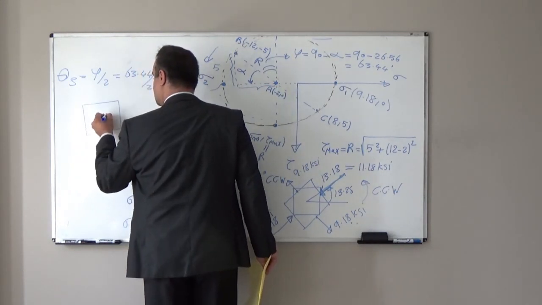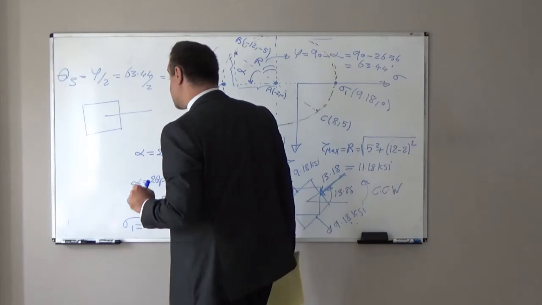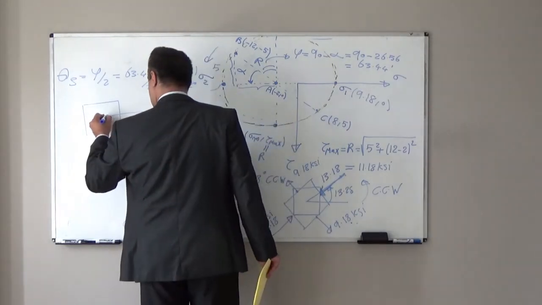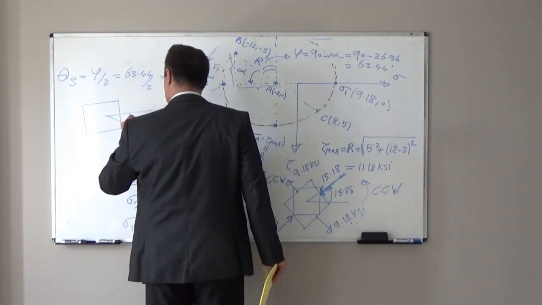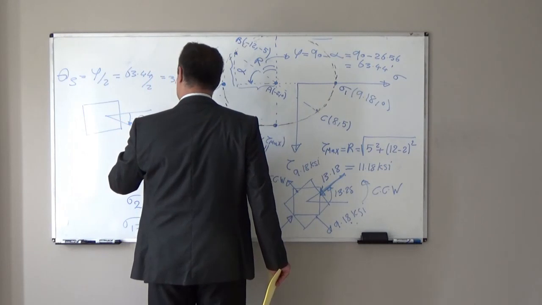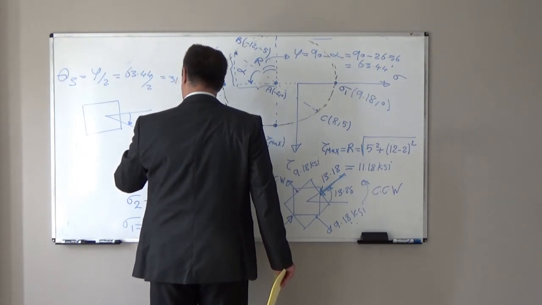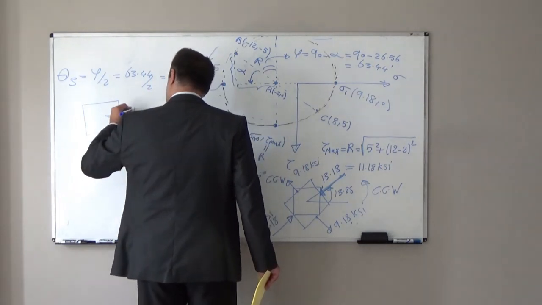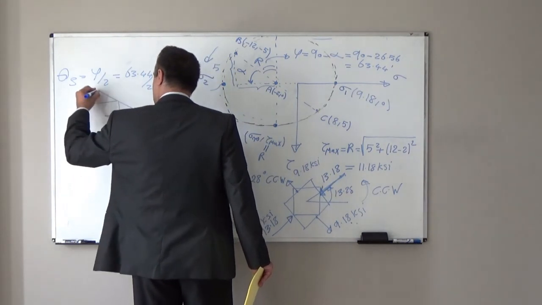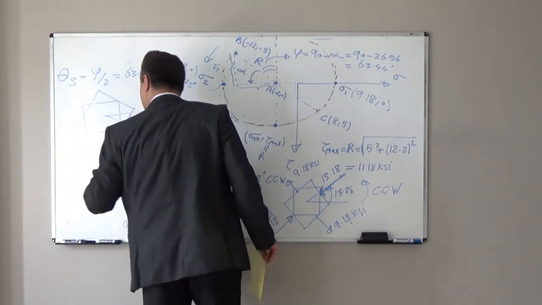So if this is the initial element, this is the x direction, we should rotate theta s equal to 31.72 degrees. The element will be like this.